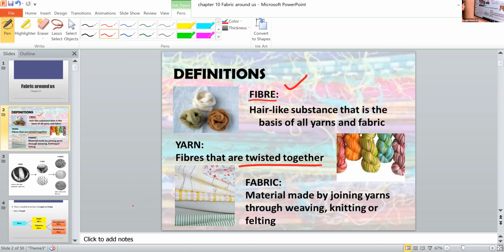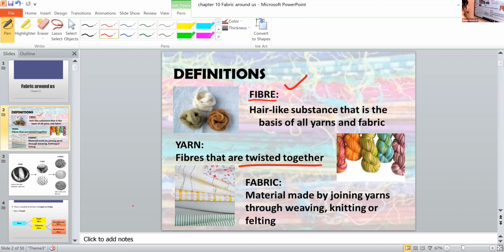So this is a fiber. We take two fibers and twist them together, so we get yarn. The first one is fiber, the basic unit. And then yarn: the fibers that are twisted together.